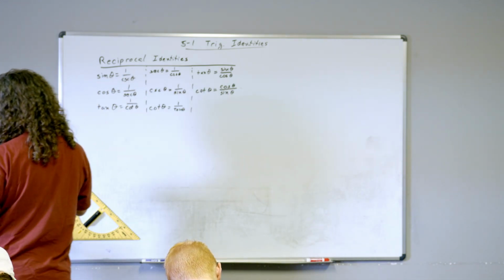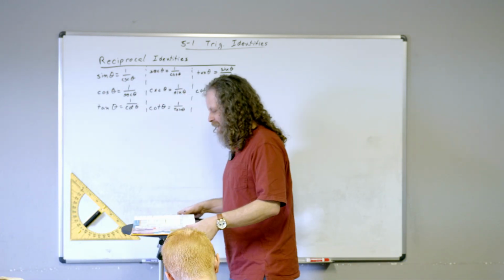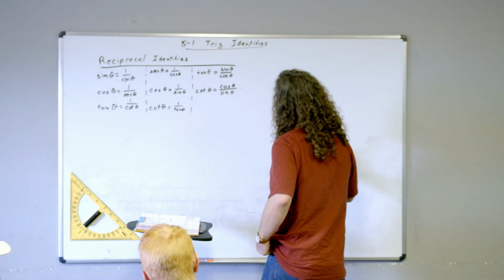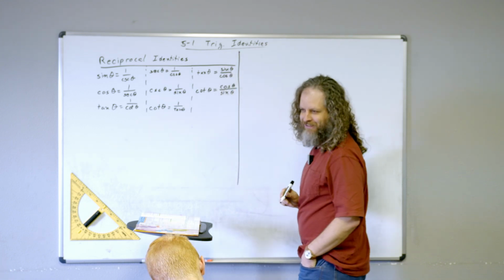The next group of identities is based on the Pythagorean theorem. And so they're called, get this, the Pythagorean identities.